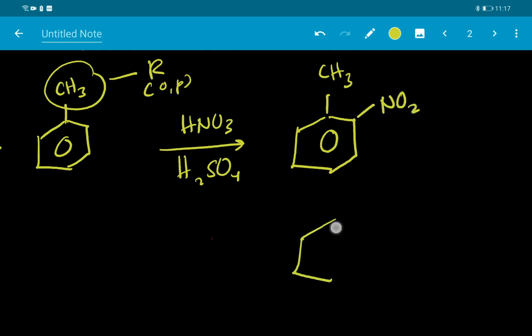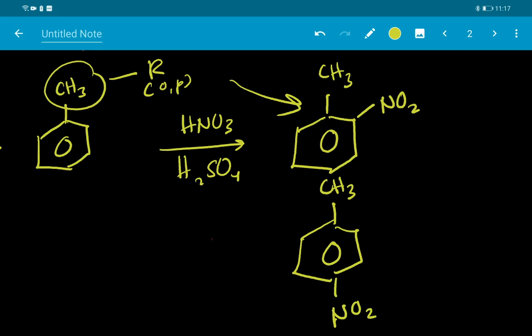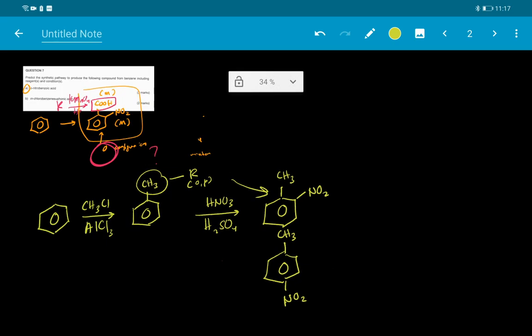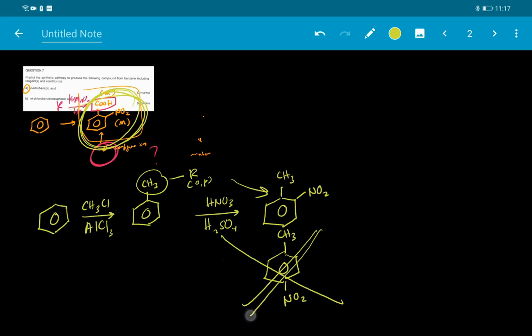The other one will be CH3 with the NO2 at the para position. Between these two, we're going to take the ortho structure, since the question asks for an ortho configuration structure. So we can ignore the para structure.